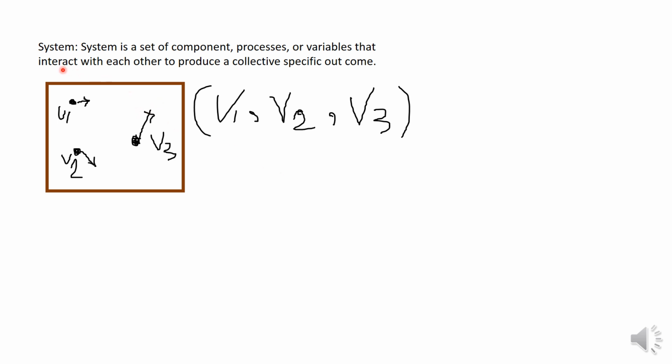And these particles interact with each other by colliding, transferring their energy and exchanging their velocities and speeds, to produce a collective specific outcome. There are many kinds of specific outcomes they can have.